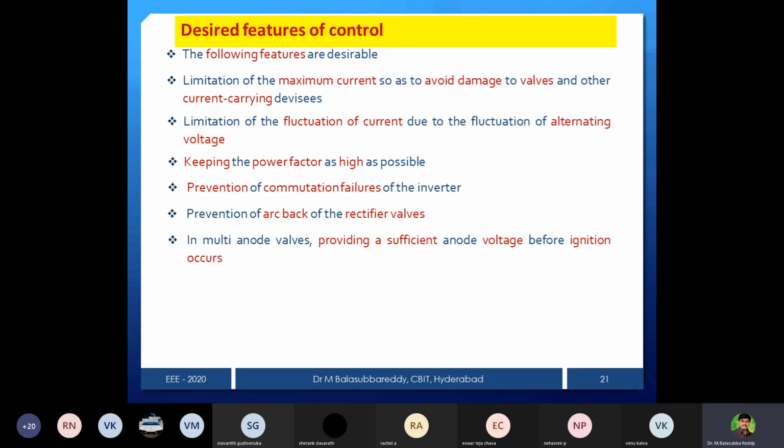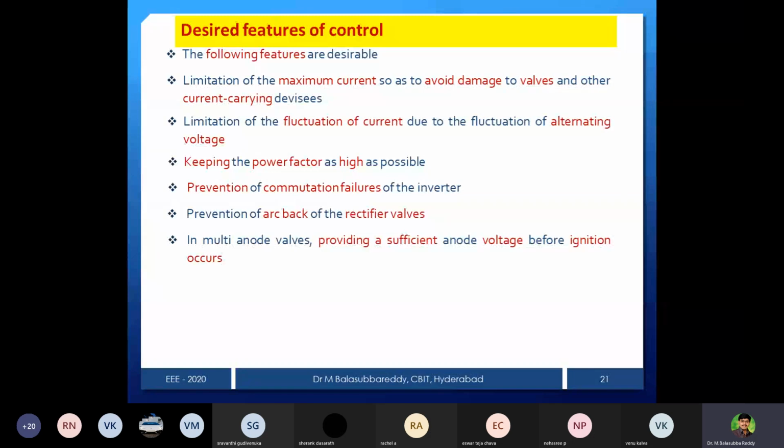That is the choice of configuration we observed in the first unit. Based on that, we will get multi-anode valves also, providing sufficient anode voltage before ignition occurs. We can notice in power electronics also, one of the factors is in the parallel operation of SCRs, there are the below finger voltages.